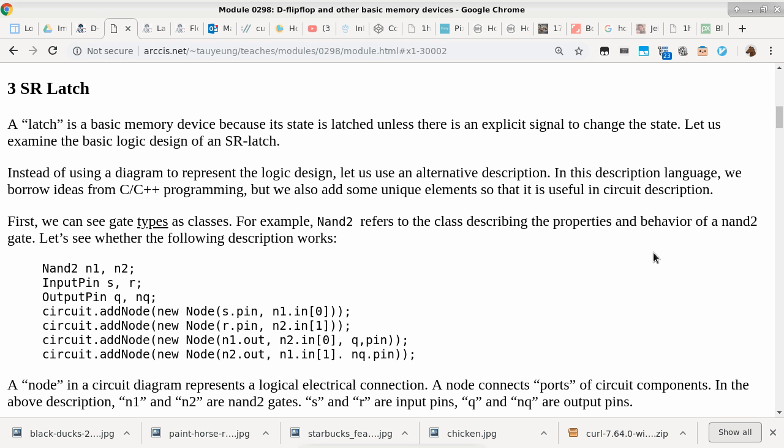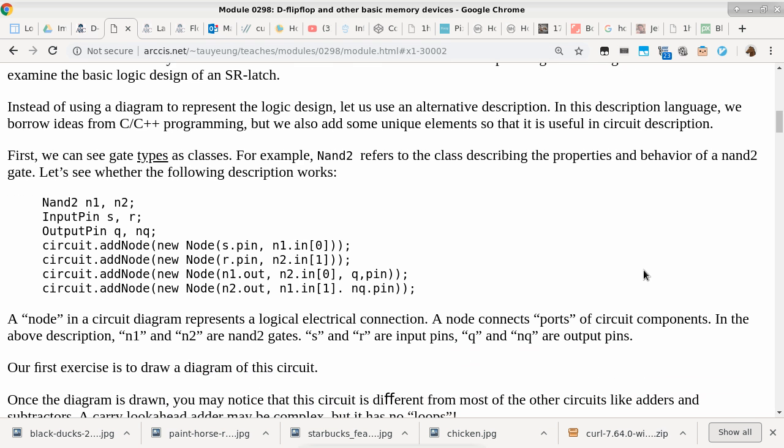So we'll take a look at this somewhat pseudocode here. If you have taken cisp310, you really should understand this kind of pseudocode. NAND2, input pin, output pin, those are basically classes that represent NAND2 gates, input pins and output pins. And circuit, because it starts with a lowercase, is not a class.